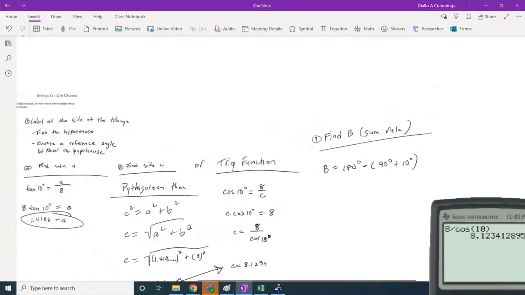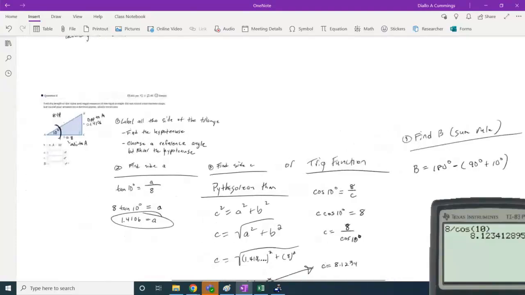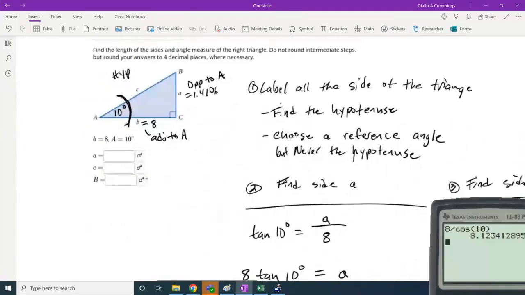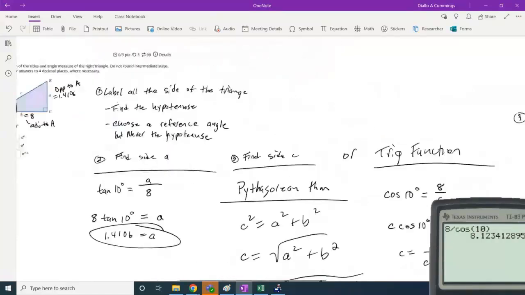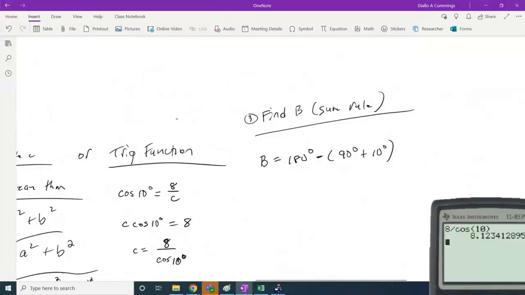I'm taking 180 degrees, which is what all our angles should add up to give us, minus 90 and 10 degrees, and those are just the angles I already know, right? So angle C is 90 degrees, angle A is 10 degrees. So if I add 90 and 10, we get what? 100 degrees, and 180 degrees minus 100 degrees is 80 degrees.